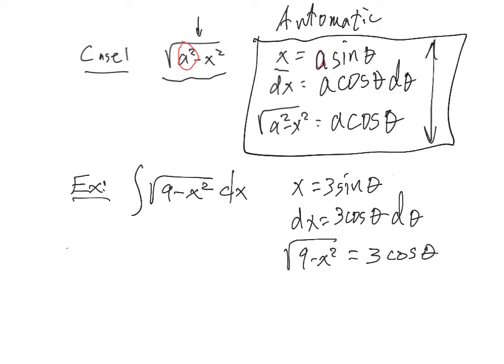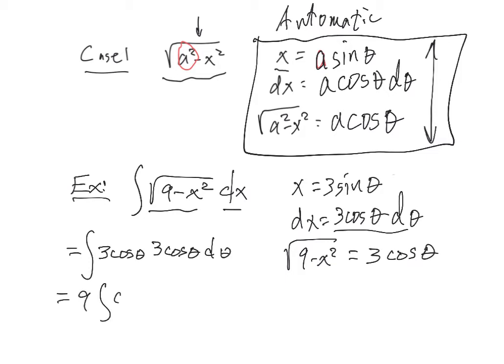And so this integral becomes, the square root is 3 cosine theta. So replace it, and then all that's left is a dx. Well, that's another 3 cosine theta d theta. So take those 3's out, make 9, and we get 9 times the integral of cosine squared theta d theta.